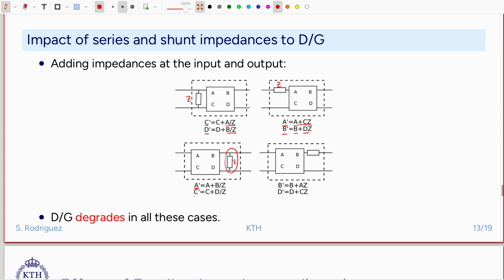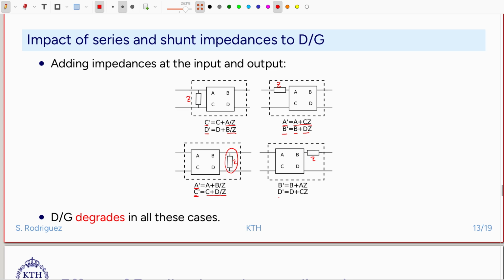Same with the transimpedance parameter, C, it will be increased, meaning that the transimpedance gain will reduce. If we put it in series instead, the same story. There are two parameters that will be degraded, and the conclusion here is that the differential error to gain ratio degrades in all the cases.